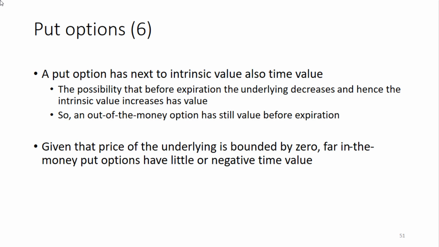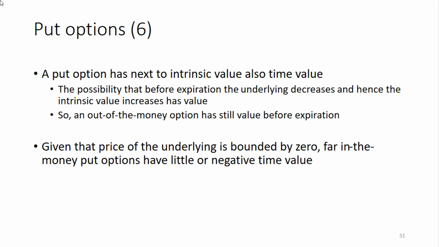So next to this intrinsic value, so if you were to exercise the option immediately, there's also time value for the option, and the time value again has to do with the fact that if the option is not at maturity yet, then there is still time for the underlying asset to decrease further in value, and then for the put option to increase further in value.